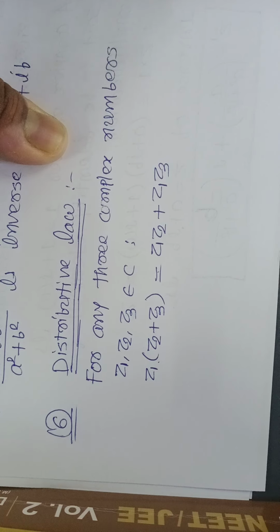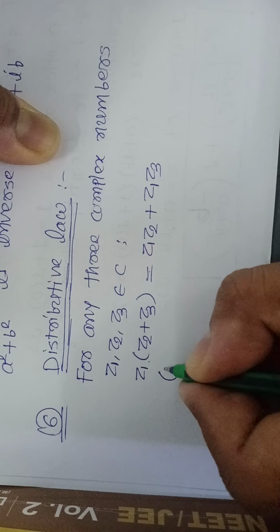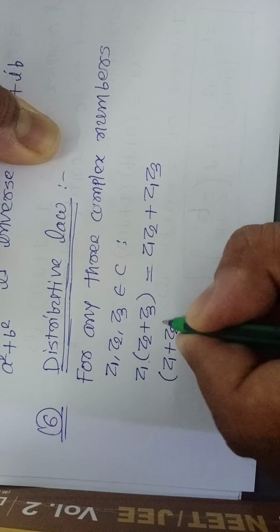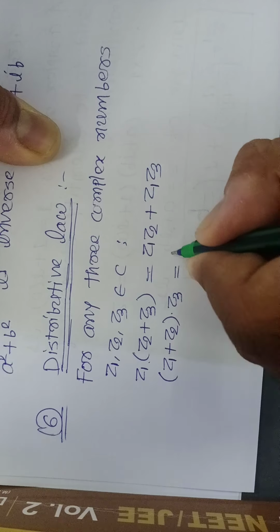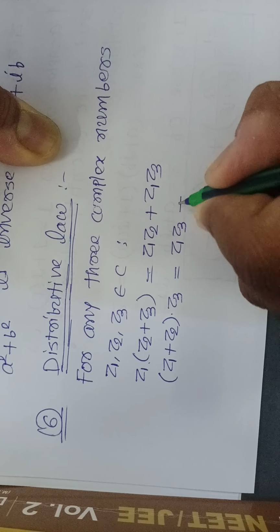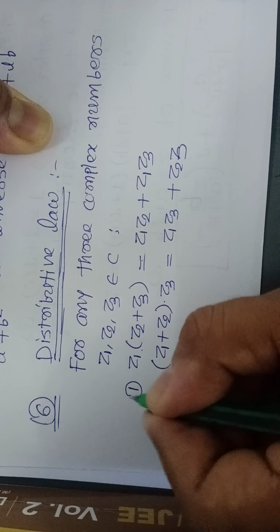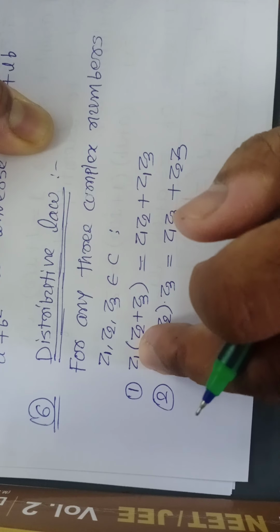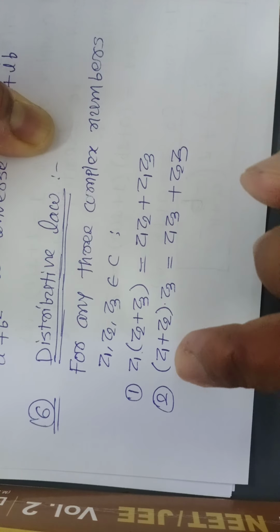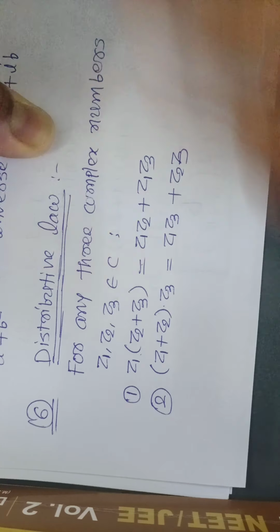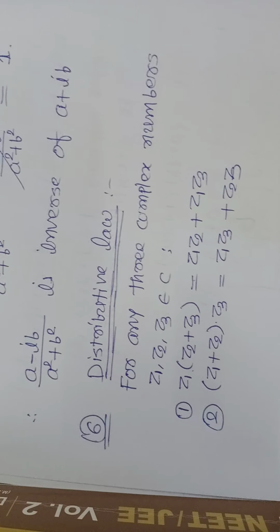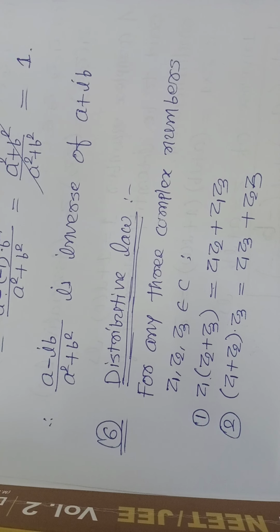We are deriving multiplication here. Similarly, z1 plus z2 into z3 can also be written as z1 z3 plus z2 z3. So by the first and second rule, multiplication distributes over addition and addition distributes over multiplication. These both laws are known as the distributive law for complex numbers.